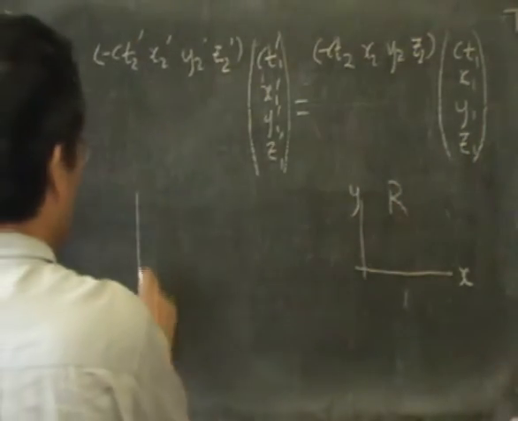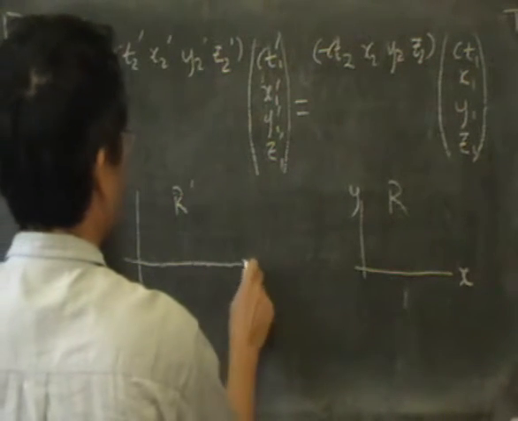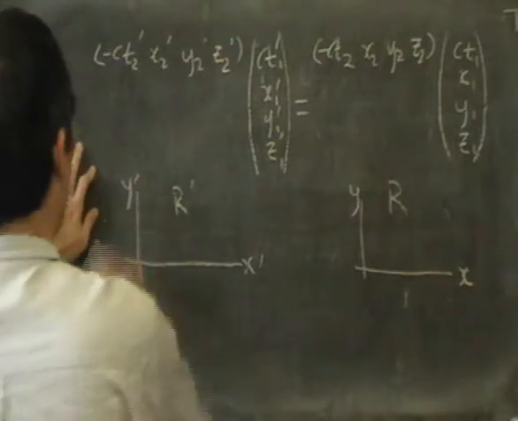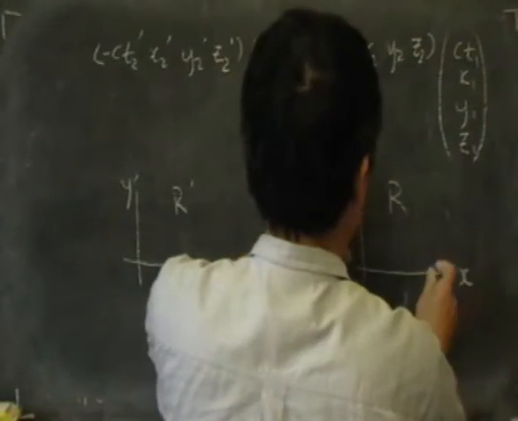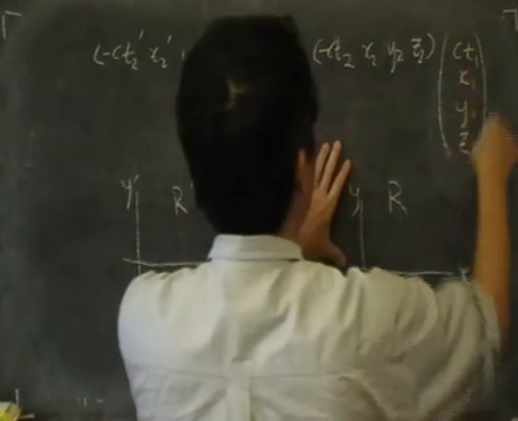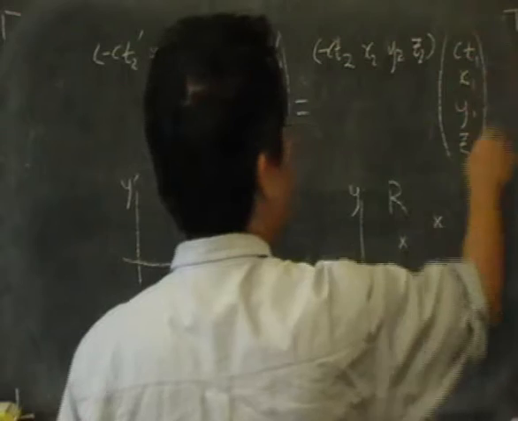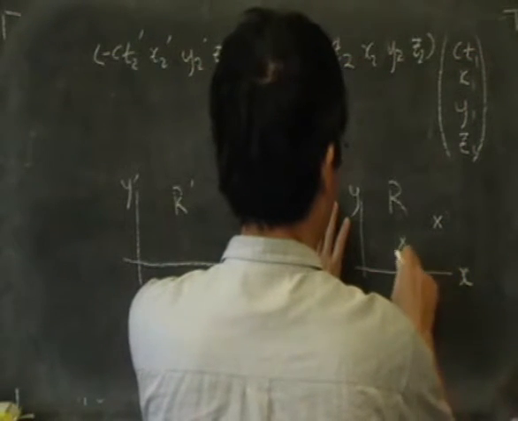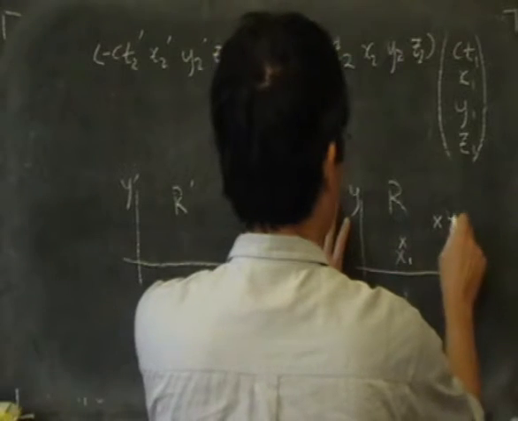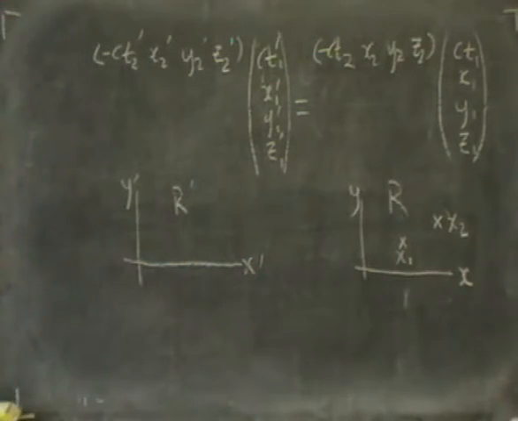And that one is in another frame of reference, call it R primed, with the primed coordinates. So in this frame, I have these vectors, like say two points. Each vector there represents a point on the coordinate, like that might be x1, that might correspond to x2, y2, z2, and so on.